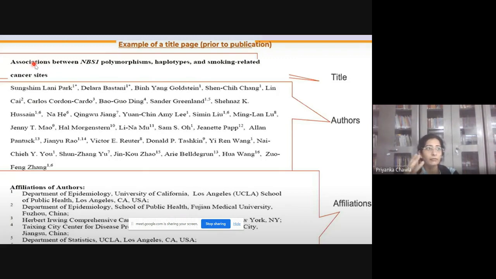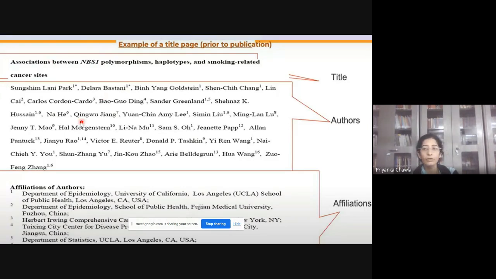Association means either they went for correlation, or if they have a non-parametric test, then they went for a chi-square test. So association itself has a meaning. In the title, the researcher has shown us how to frame the title and what he has done.